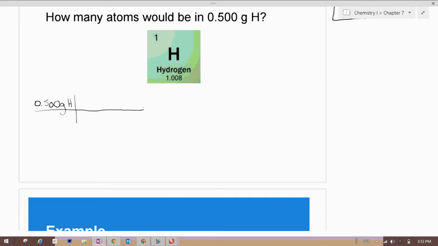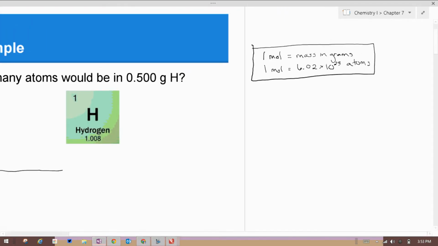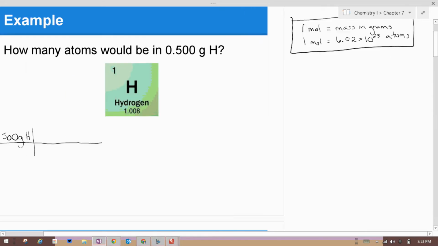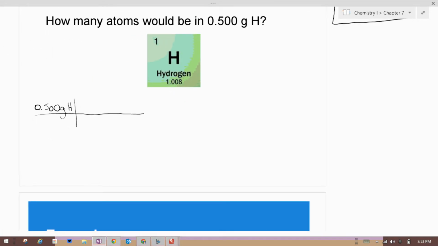And I need to get to atoms, but I don't have a direct conversion factor between grams and atoms. But up here I can see that I do have one that takes me from mass in grams to 1 mole. So hydrogen, according to this little square right here, has an atomic mass of 1.008.